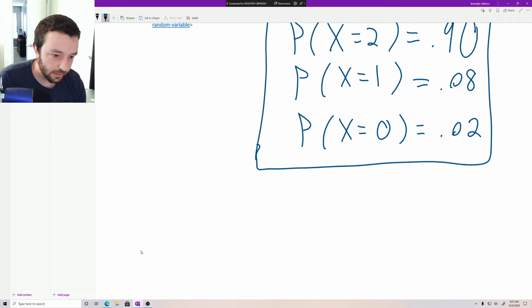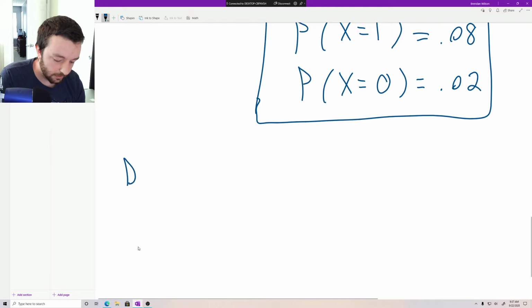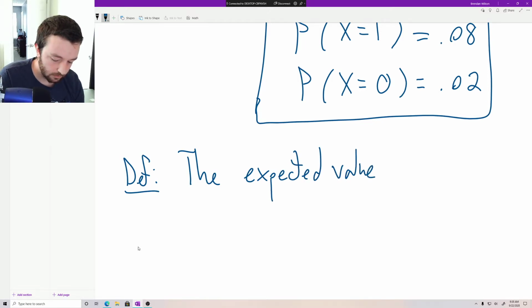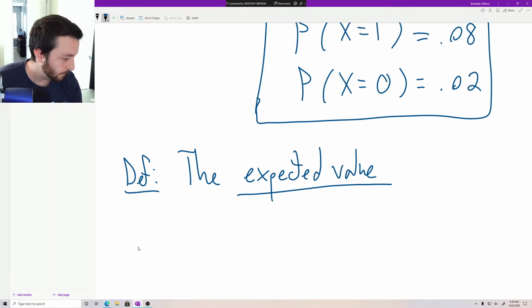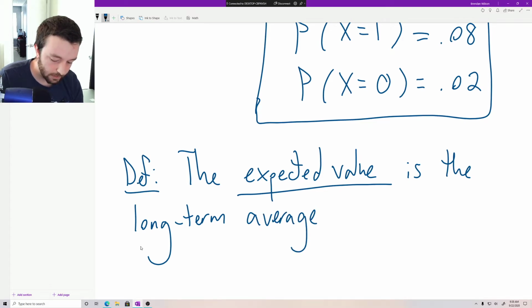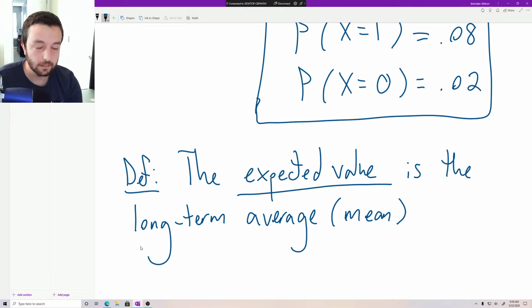So the expected value in general, the definition of it, is the long-term average, specifically the mean, okay? Because it is going to be weighted like a mean, not the median.